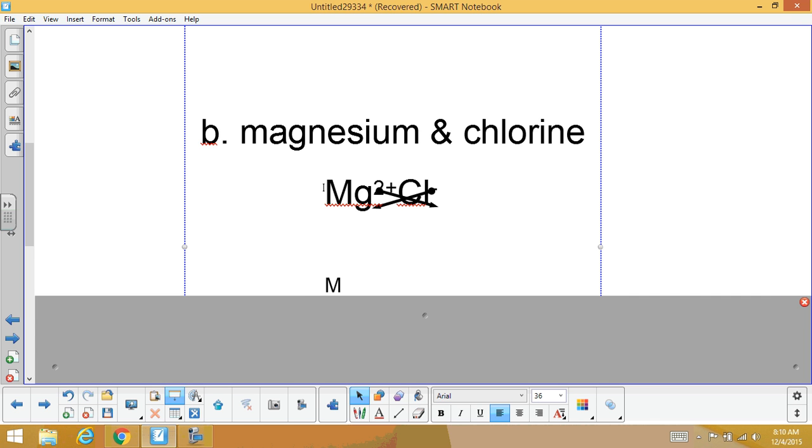So our equation becomes Mg1, you don't have to put the 1 if you don't want, and then Cl2.